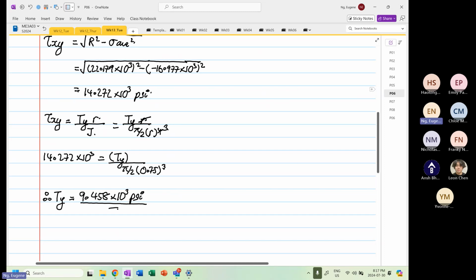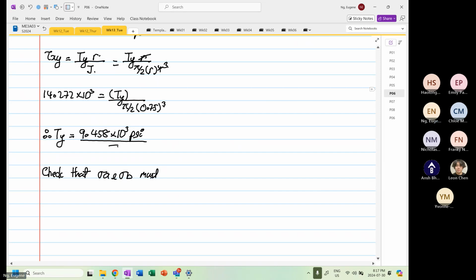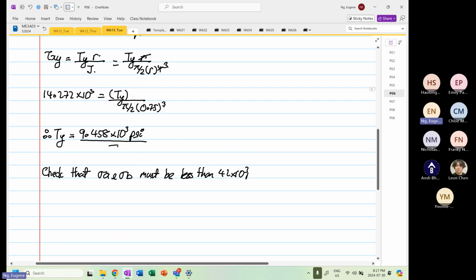However, we have to check another thing. After we know the torque, I'd like to remind you all, we have to check that stress A and stress B must be less than what? 42 times 10 to the power 3 psi.